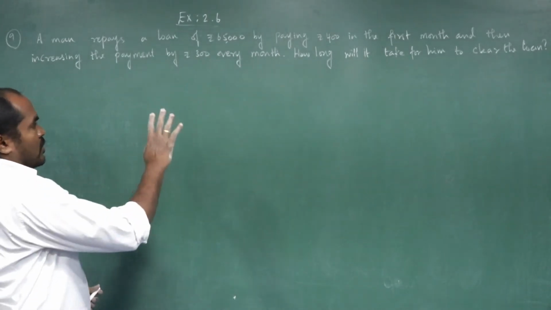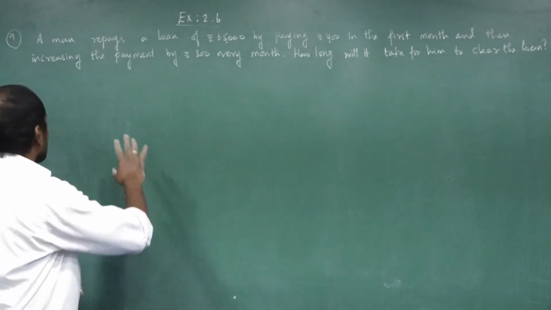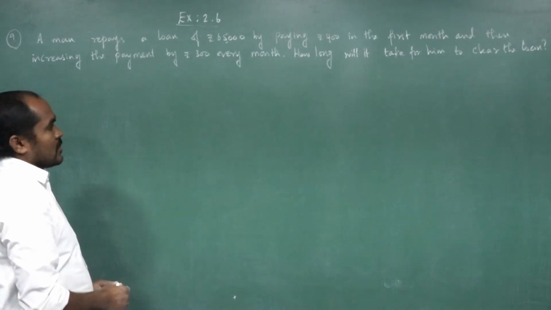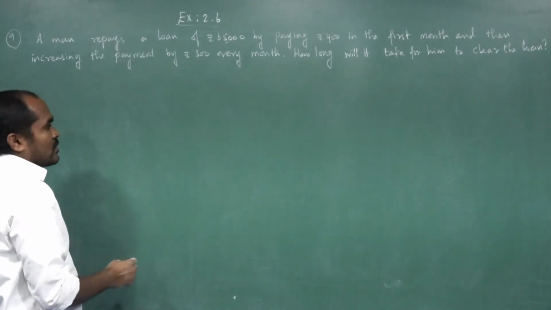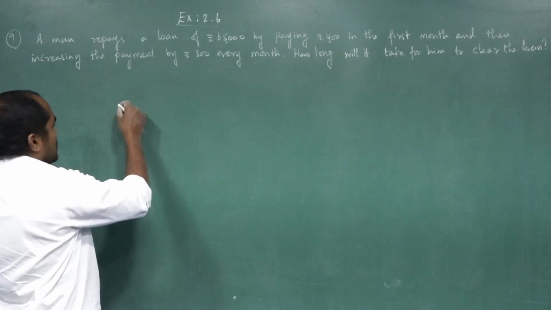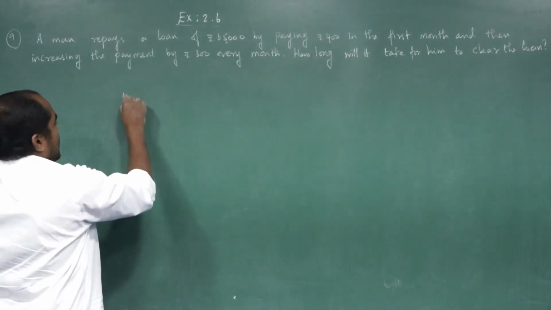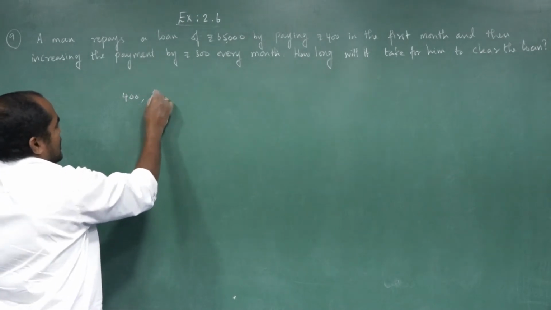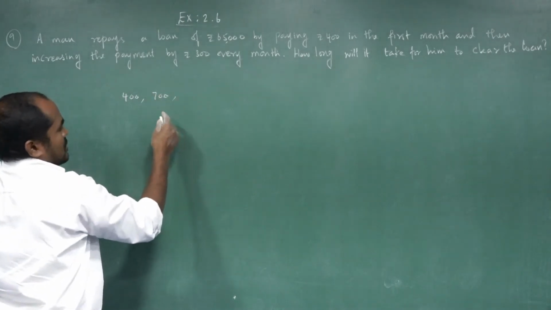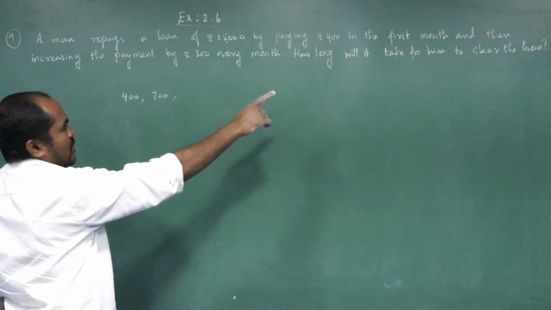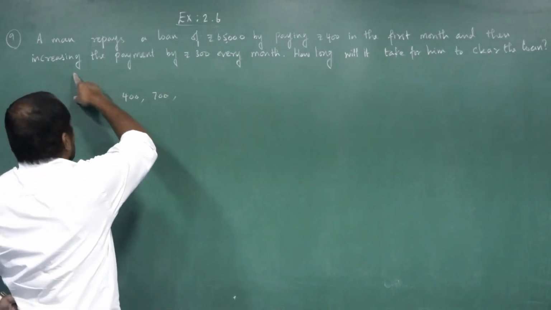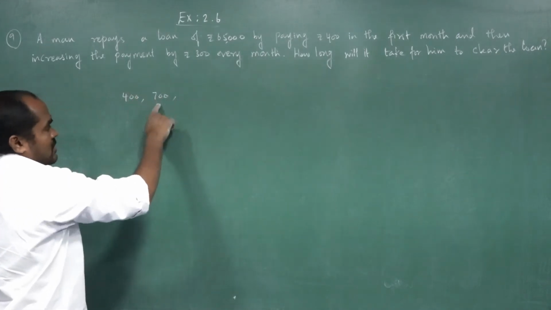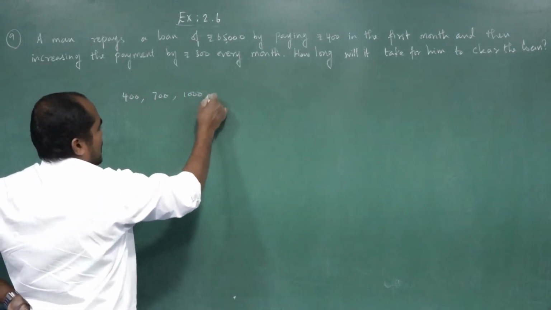He has to pay 400 in first month, thereafter increasing the payment by 300 every month. So the payment in every month forms a sequence. First month, first installment is 400, in second month 700, because first month is 400 and then increasing the payment by 300 every month. So 400 plus 300 is 700, next 1,000, etc.